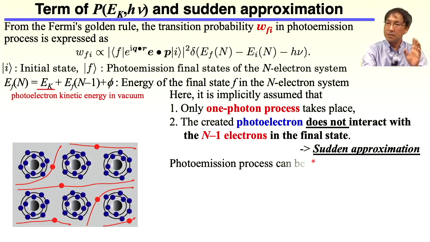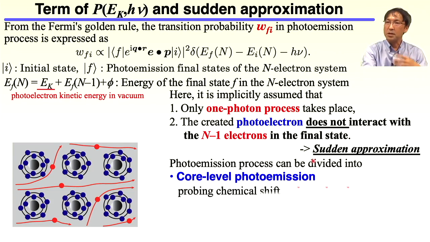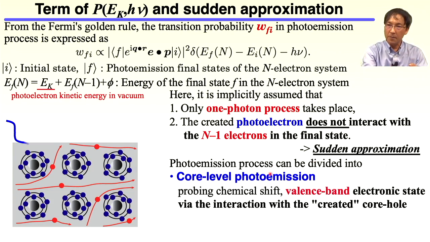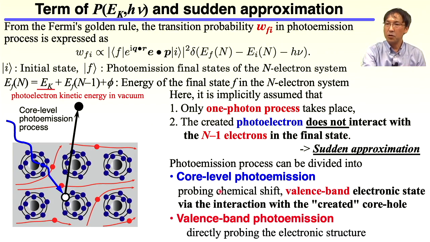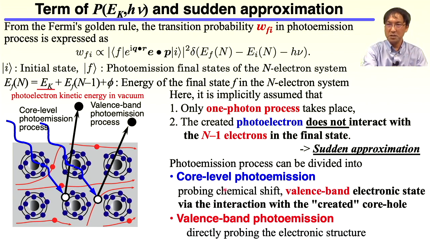Then, the photoemission process can be divided into the core-level photoemission process, which probes the valence-band electronic state through the interaction with the created core hole. The chemical shift is one of the results of such interaction. And the valence-band photoemission process, which directly probes the electronic structure reflecting the density of states.